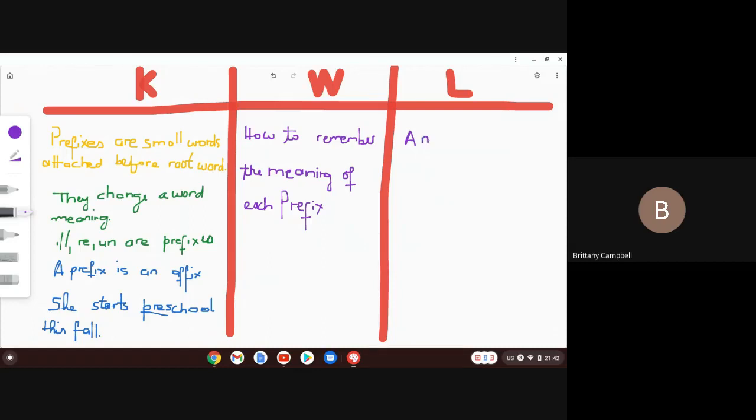So a negative prefix gives a negative meaning, right? Awesome. We're paying attention. Beautiful. Gives a negative, so I'm just going to put the same word here, negative meaning.